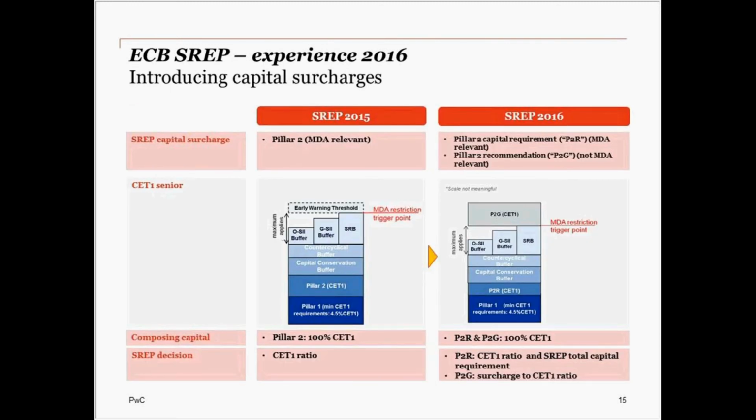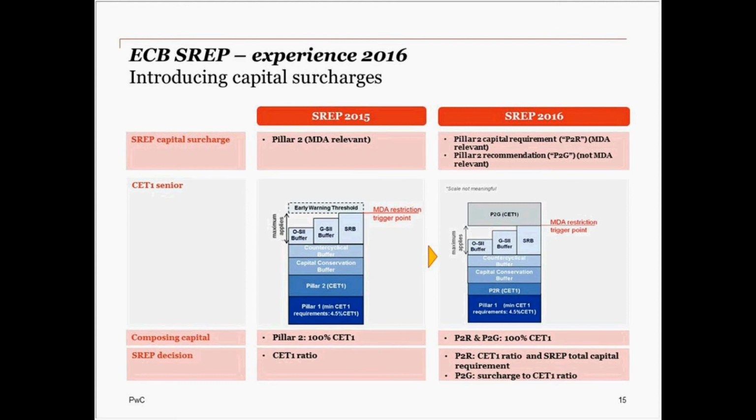Now, maybe it is quite interesting to briefly review Pillar 2 requirement and Pillar 2 guidance and how these capital requirements in 2016 differ from what has been done by the ECB back in 2015.